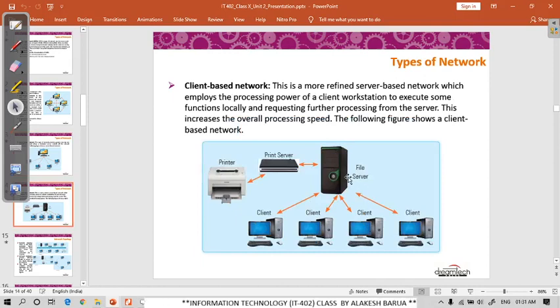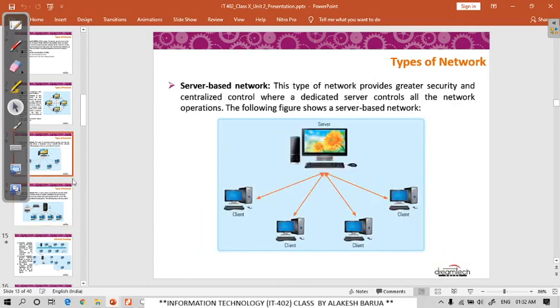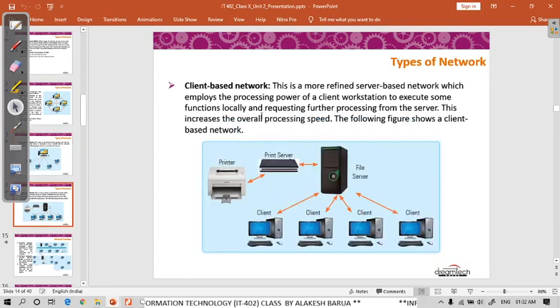However, the server can partake in the execution of these applications and files, and the server can allocate some of its execution to the clients so that less processing time is required for execution of a file in the server. So this is the difference between a server-based network and a client-based network.